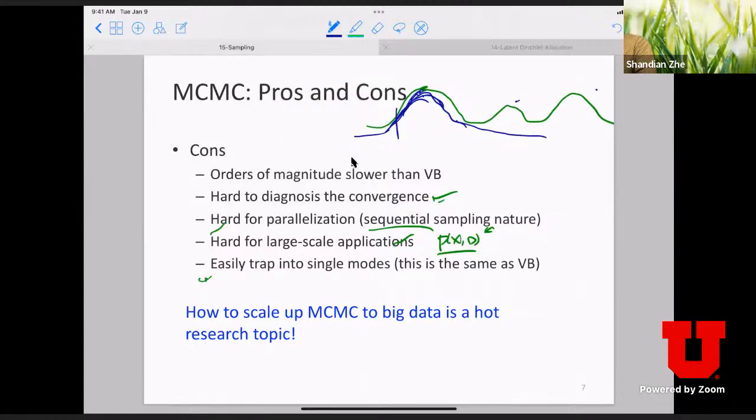And MCMC, although in theory it can discover all the modes, meaning that in theory, after you run it for 100 years, it might give you a good approximation of all three modes, however, once it generates samples and finds high density regions in one mode, like here, it's very hard for MCMC to jump out of this region and explore new high density regions.